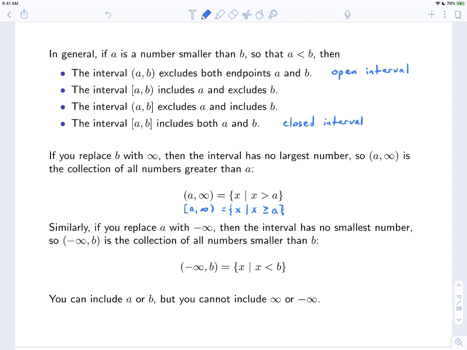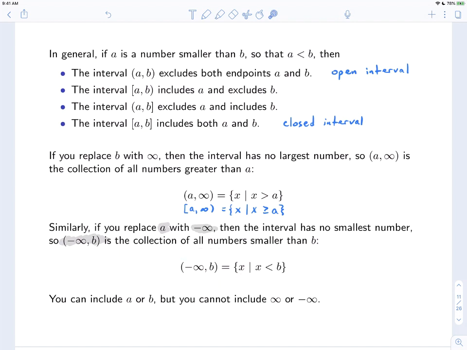It's also possible to replace a with infinity. So if you replace a with not infinity, but rather negative infinity, then in the first one, for example, you just replace a with negative infinity, and then you have the interval from negative infinity to b. This means you have an upper bound of b, but you include all of the numbers smaller than b.